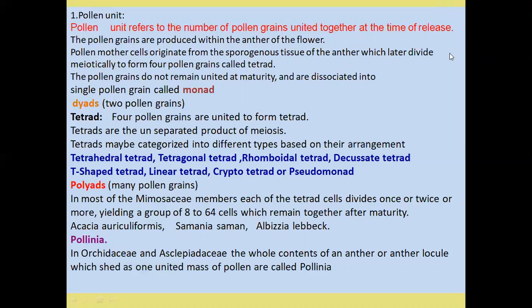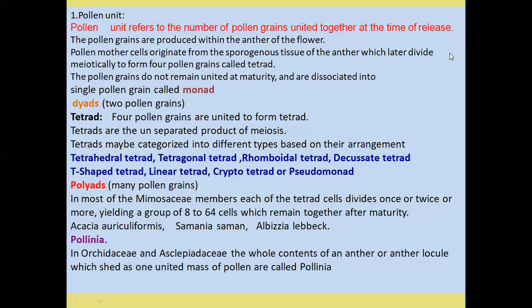This is because the cell wall is very weak or not synthesized properly between the 2 pollen grains. That's why 2 pollen grains are released at the time of maturity.